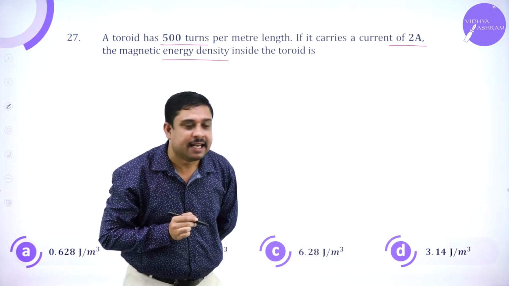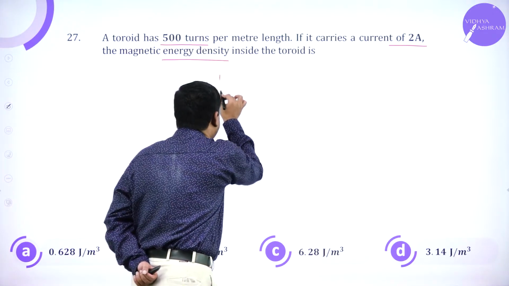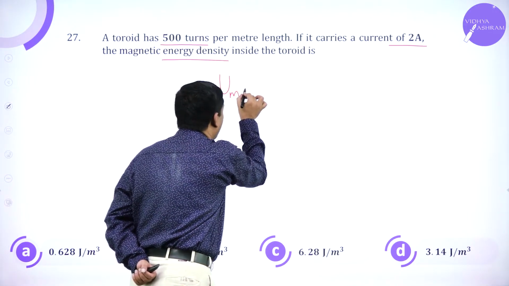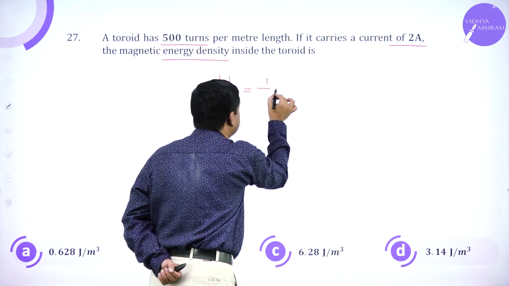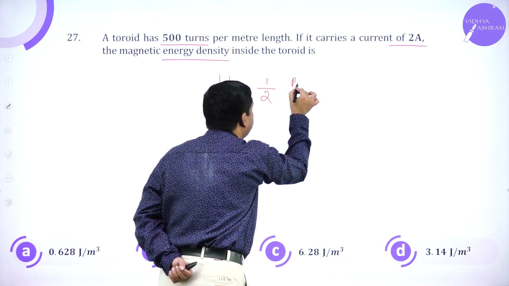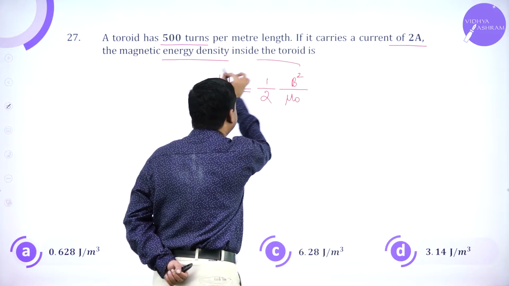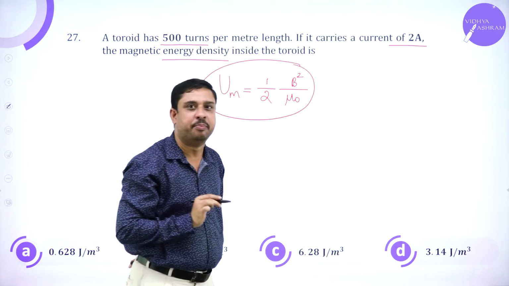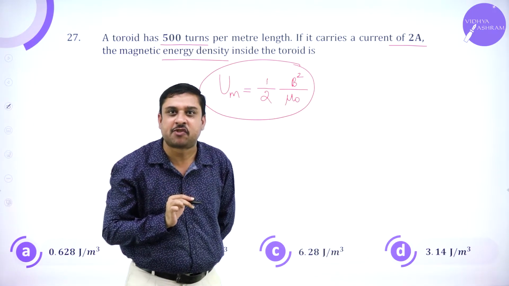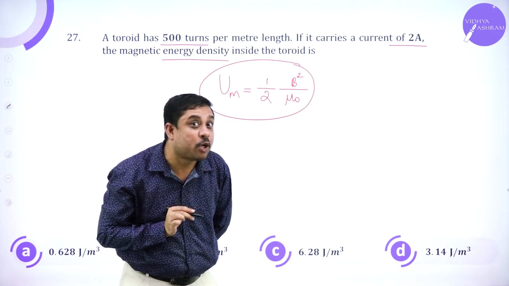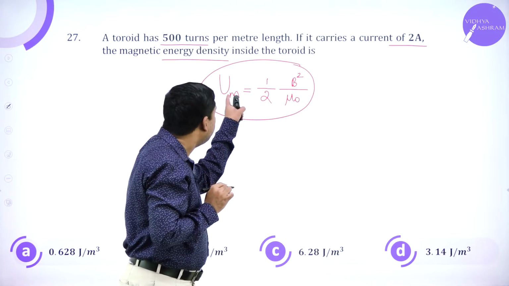Magnetic energy density, I call it UM, which is half B square by mu naught. See, this again you have to remember. Simplification is fine, but getting the basic equations is important, no?